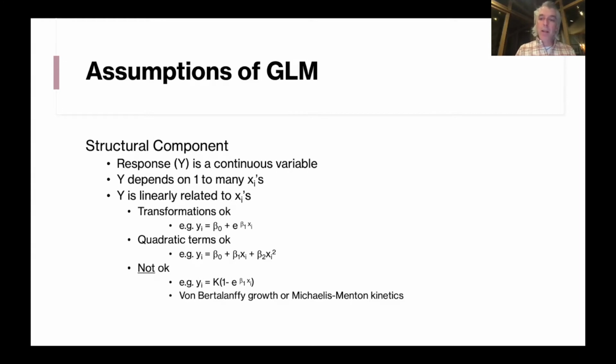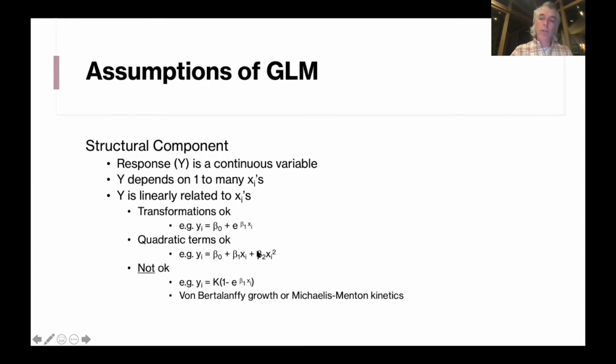What I mean by this is that we can make some nonlinear relationships linear by transforming them, for example, with a log transformation, or we can explicitly model the nonlinearities using quadratic terms. But in this case, the nonlinear relationship overall is represented by a linear combination of terms.